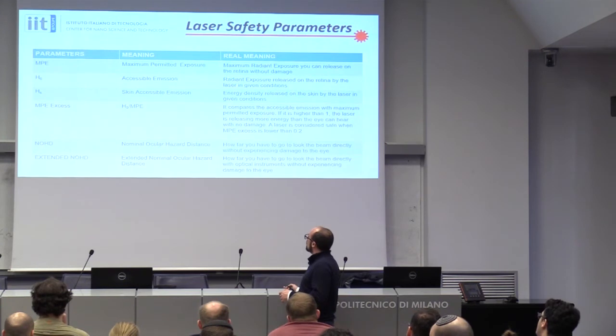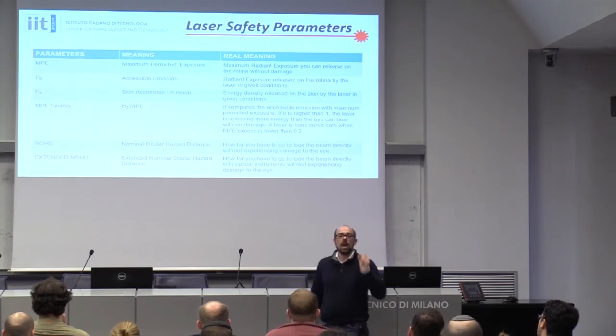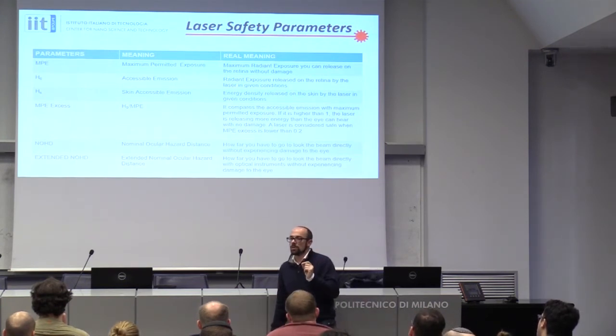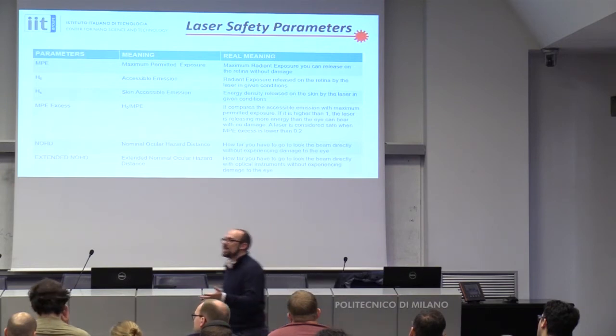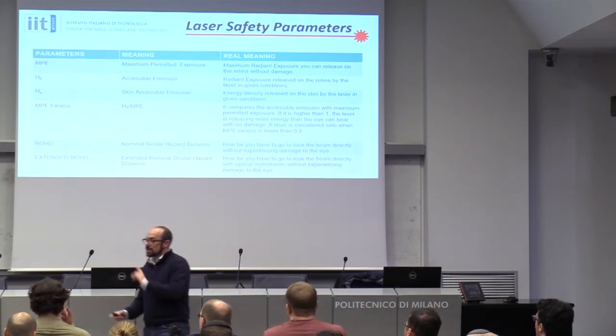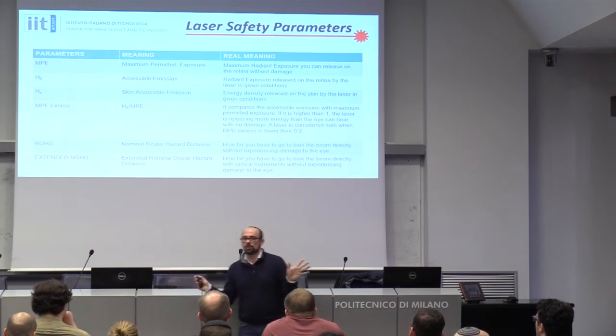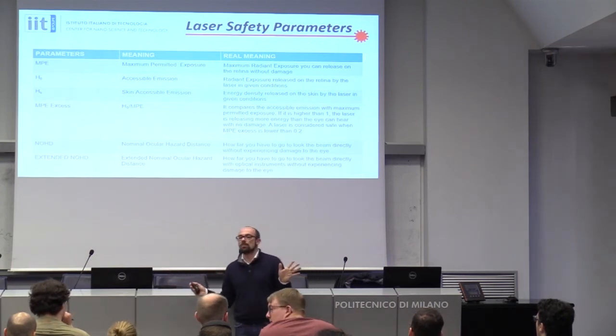This is the nominal ocular hazard distance. It means how far away I have to go to be able to look into the laser directly without having any damage. Usually it's kilometers. But if you have a highly divergent source, then it can become meters or in some cases centimeters.